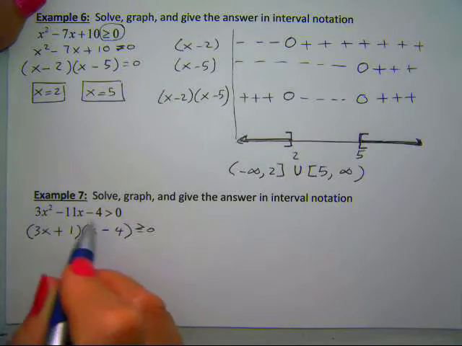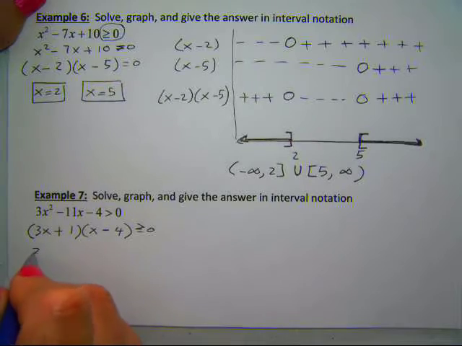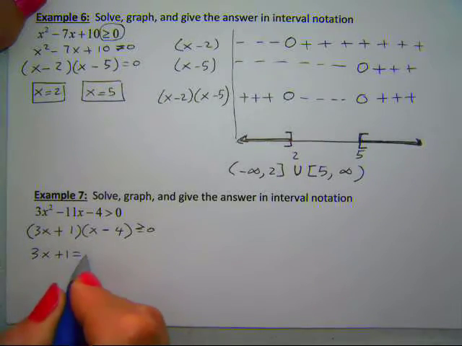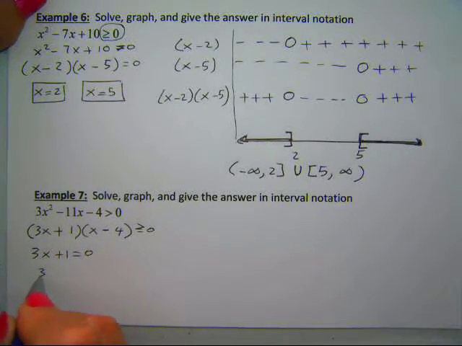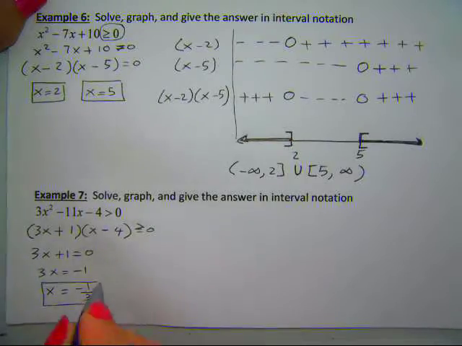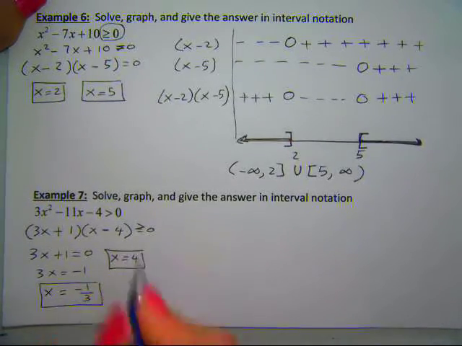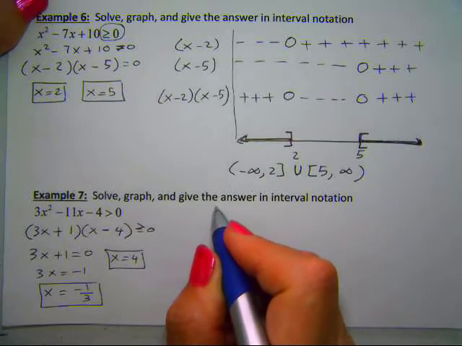Negative 12 plus 1 is negative 11. So either 3x plus 1 is equal to 0, 3x is equal to negative 1, or x is negative 1/3, that's a point, or x is equal to 4. So here is the first factor.